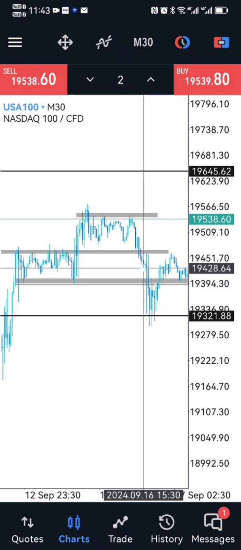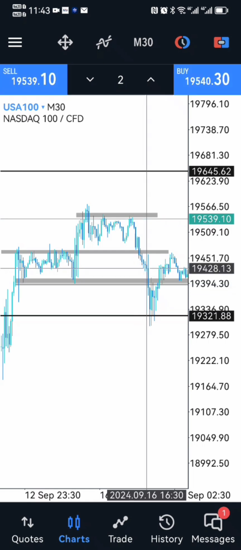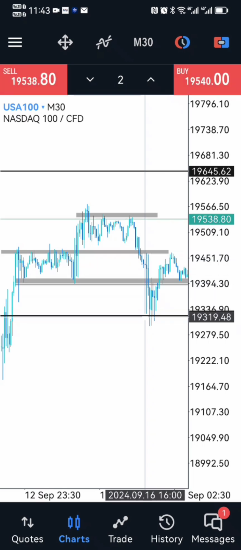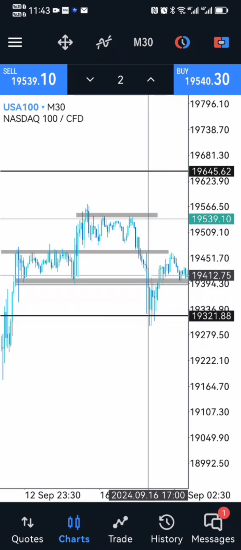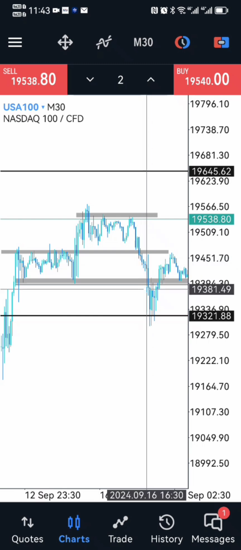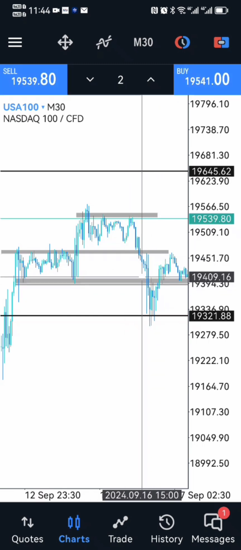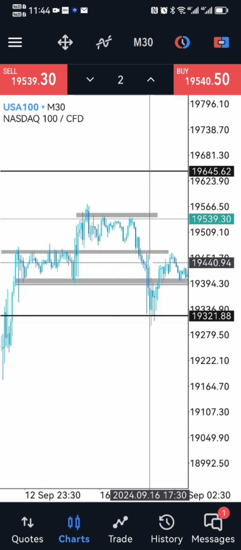As soon as the market came here, I myself knew that it was gonna come back and retest here and then continue going to the downside. There was a chance, but on the 1 hour and the 30 minutes, this was a spike. Normally, when Nasdaq gives you these spikes, it just shoots to the upside.